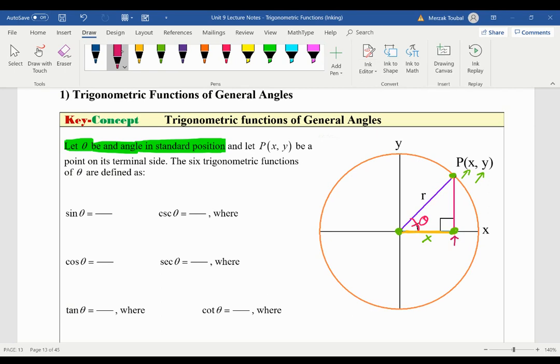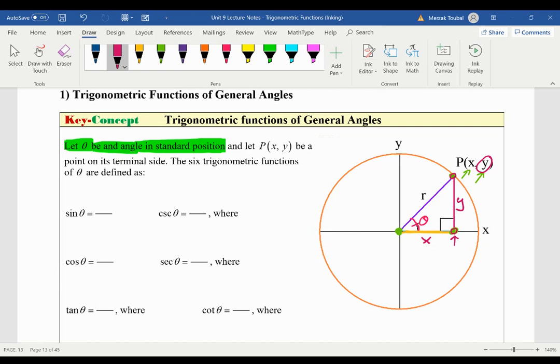And the opposite, which is y, since the y coordinate of this point is y, means the distance from this point to the point P, whatever y is. So the opposite is y, and the adjacent is x. If we know the angle theta of the right triangle, we know the adjacent, the opposite, and the hypotenuse, then we can write these six trig functions.